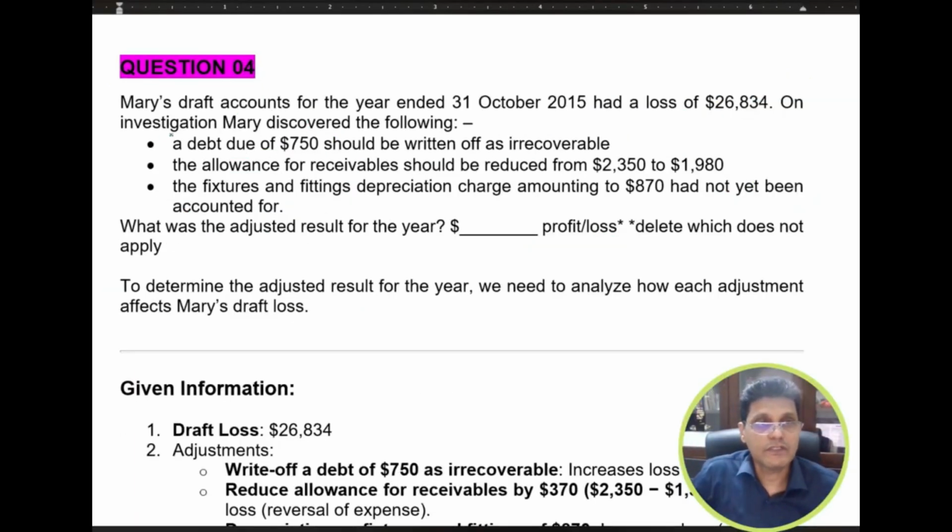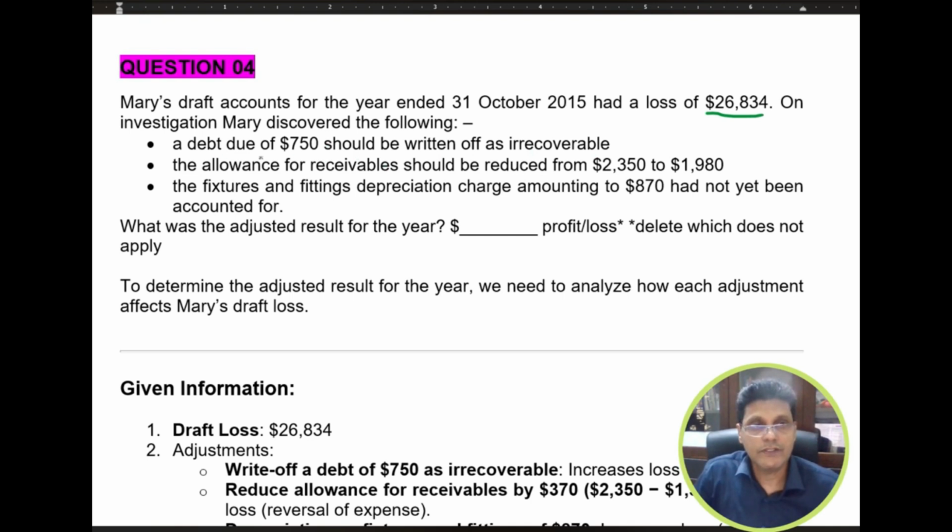Now let's move on to the next question. Mary's draft accounts for the year ended 31st October 2015 had a loss of $26,834. On investigation, Mary discovered the following. A debt due of $750 should be written off as irrecoverable.